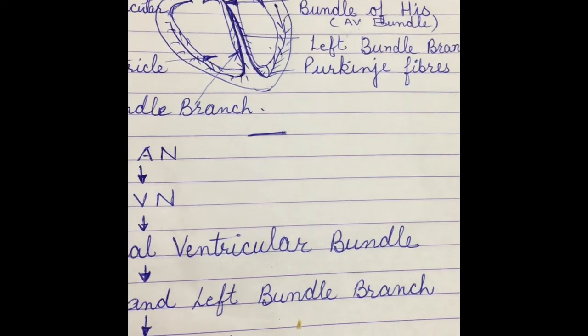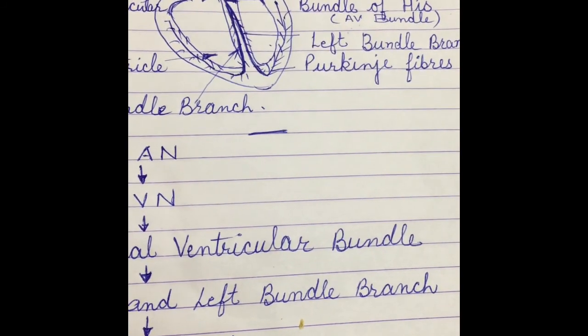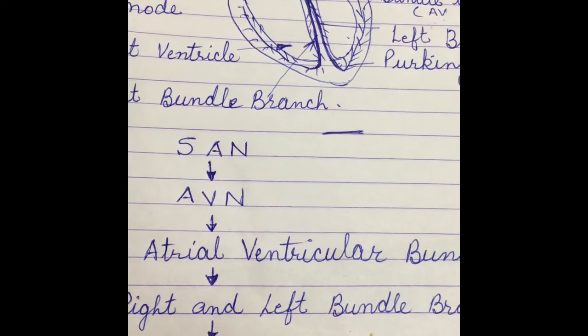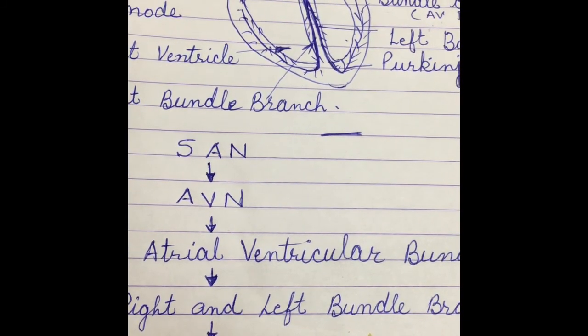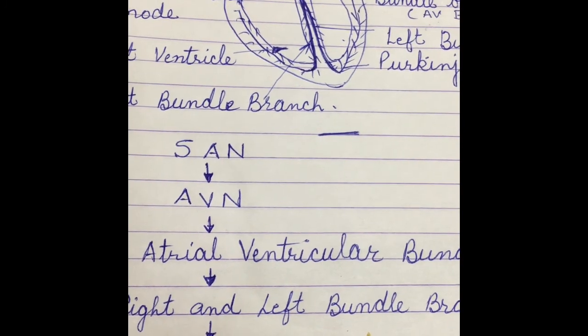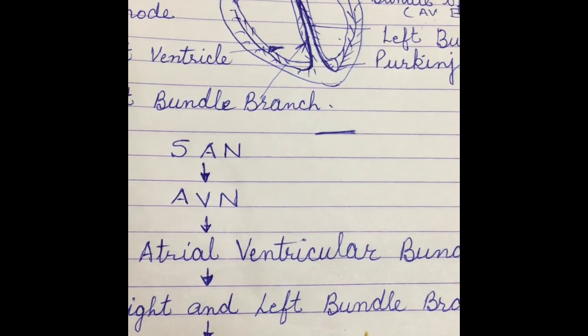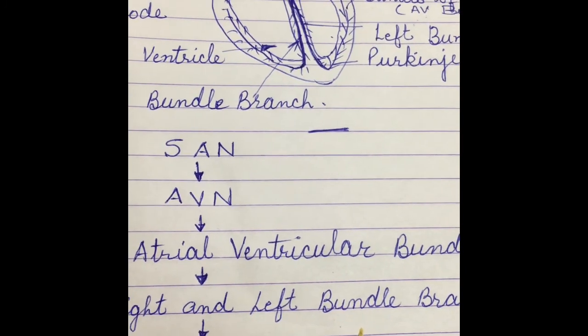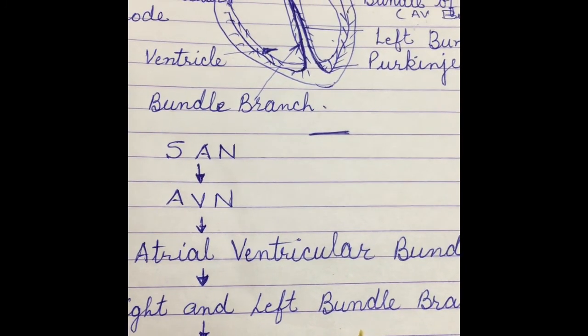The SAN can generate the maximum number of action potentials, that is 70 to 75 per minute, and is responsible for initiating and maintaining the rhythmic contractile activity of the heart. Therefore, it is called the pacemaker.